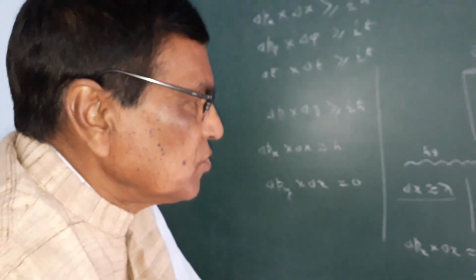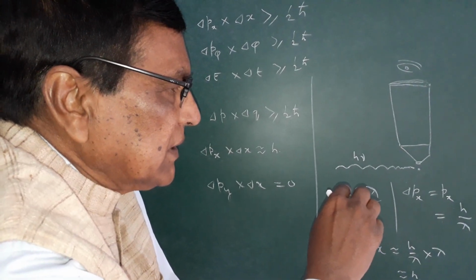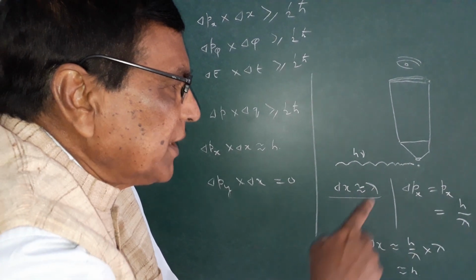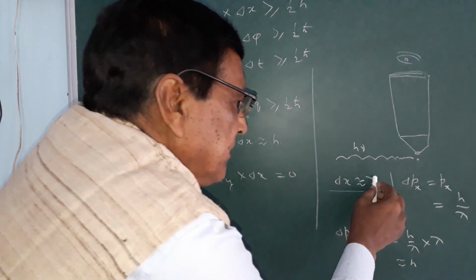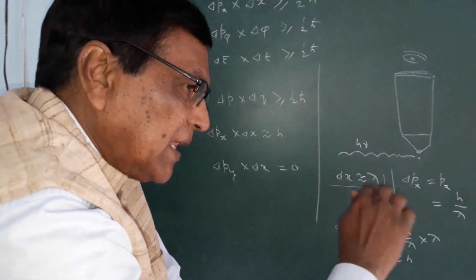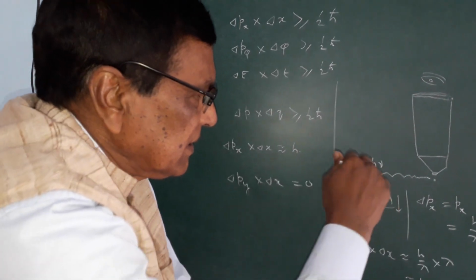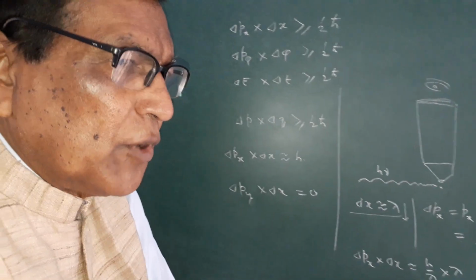If one wants to determine the position very accurately, then lambda should be shorter, so one will have to use light of shorter wavelength.